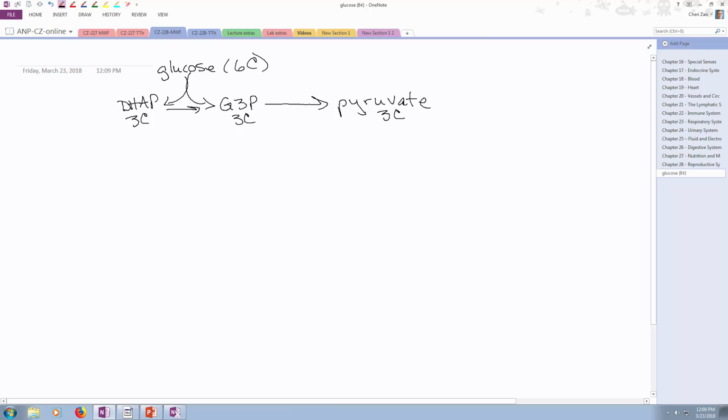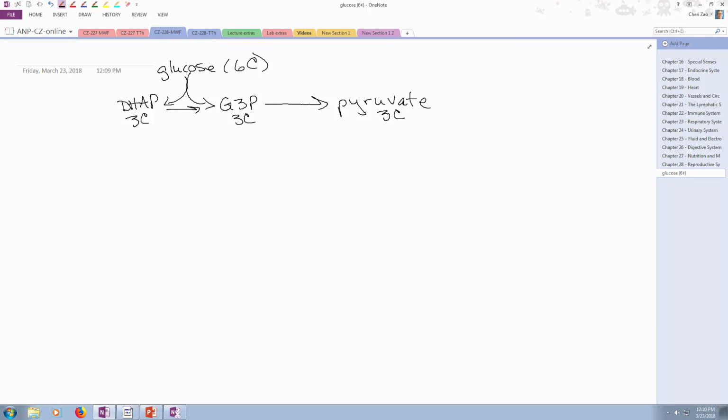Now, remember I said this is a 10-step process. These are the only steps I want you to memorize. But in addition to these steps, you have to know a couple of things about what's going to happen at these areas of the arrows. And in order to make our ATP or money, we're going to have to put in a little bit of ATP or money to actually create a bunch.